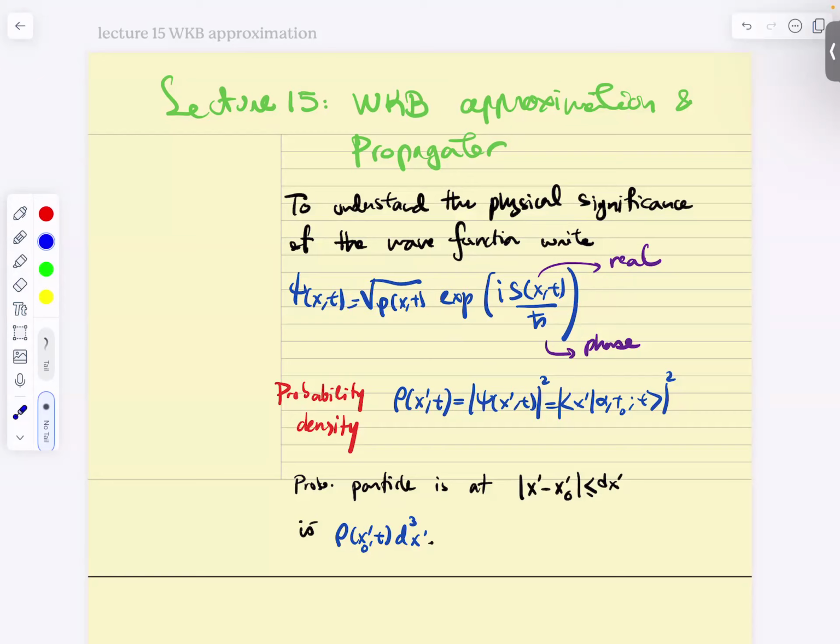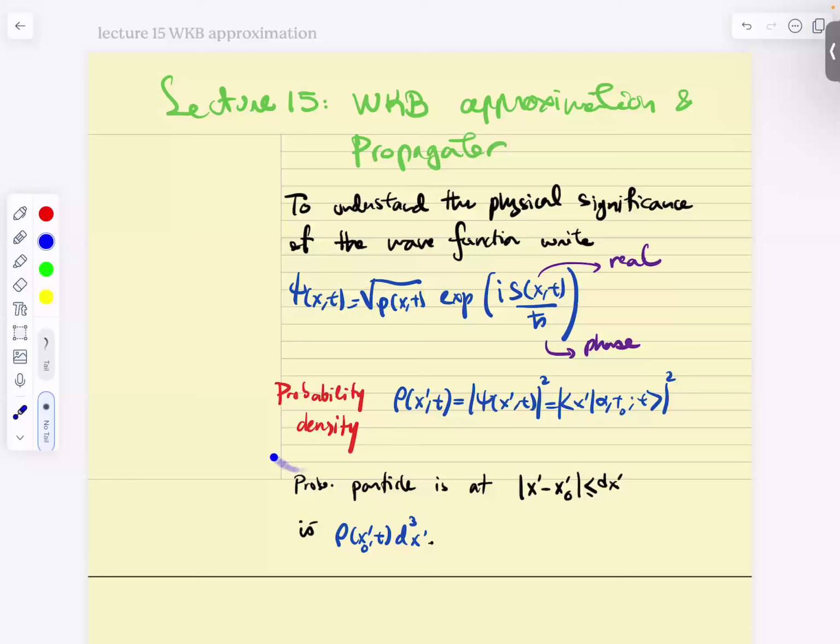Why is it real? Because it's a phase. And the goal of this splitting was to give you some more intuition on what the position wave function signifies.